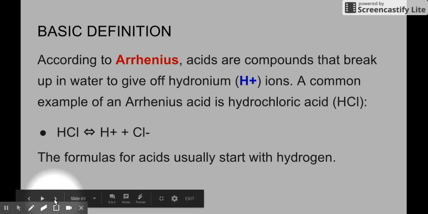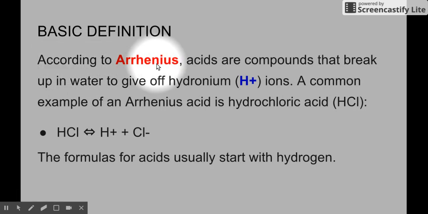What are really acids? Let's go over the Arrhenius definition of an acid, because there are a lot of definitions for acids. For the sake of writing and naming acid compounds, we'll use the Arrhenius definition, in which acids are compounds that break up when you dissolve them in water to give off what we call the hydronium ions.